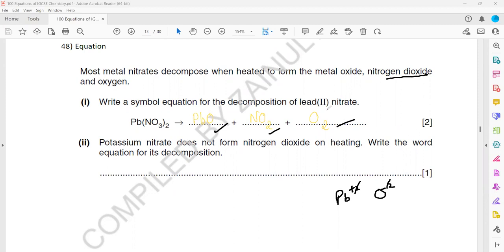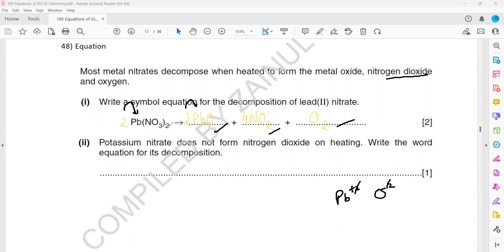This is a 2-mark question. 1 mark is for writing the equation, 1 mark is for balancing the equation. So you have to balance the equation as well. This equation is balanced in terms of lead 2, lead 2; oxygen 3 multiplied by 2 is 6, and multiplied by 2 is 12, so 8 here, 10 here, and makes 12.